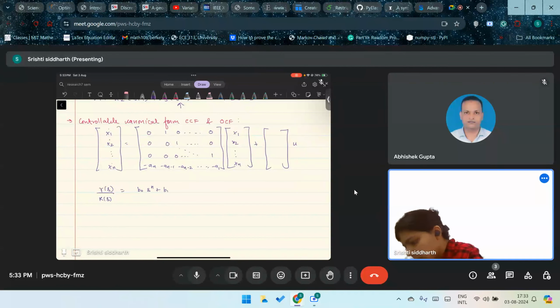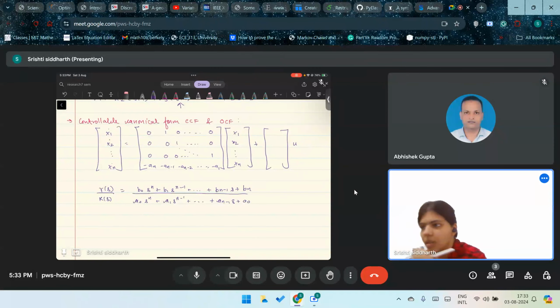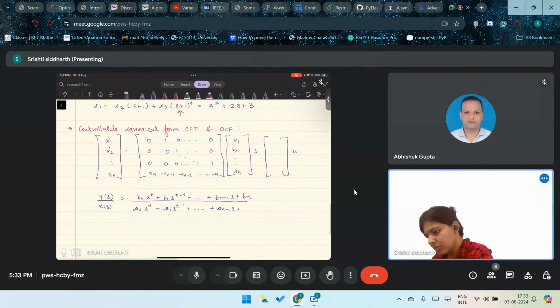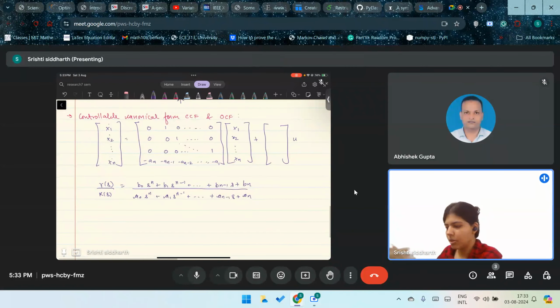So it's b1 s^(n minus 1) all up to bn, over a0 s to the power n, a1 s to the power n minus 1, up to a(n minus 1) s plus, sorry, an. Alright, so then this is clear. This is the controllable canonical form, like this as A and B.